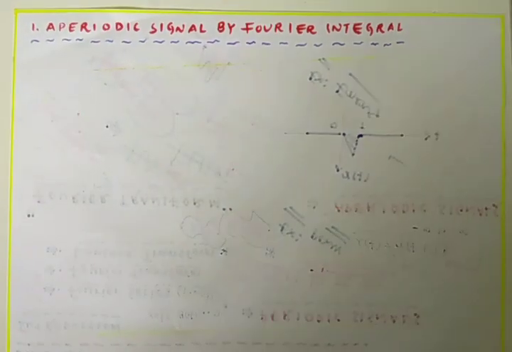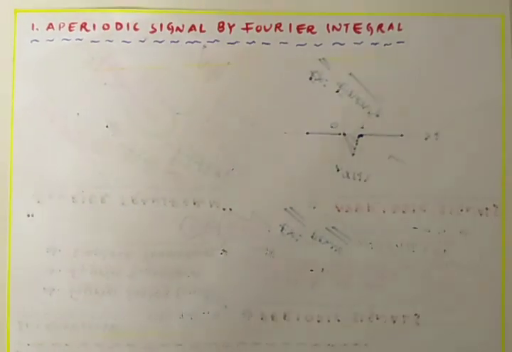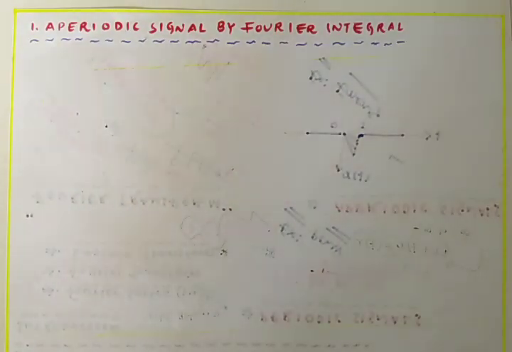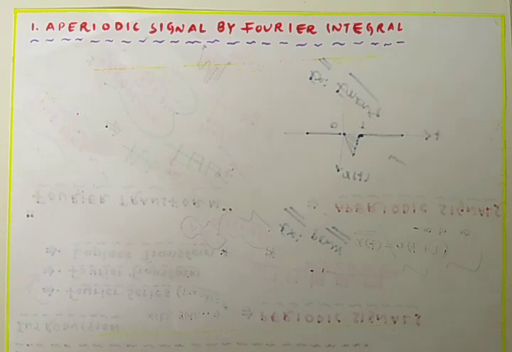We have just discussed that the Fourier transform can be applied for aperiodic signals particularly, and sometimes also for periodic signals. Aperiodic signals which can't be analyzed by the Fourier series can be analyzed by making use of the Fourier transform.